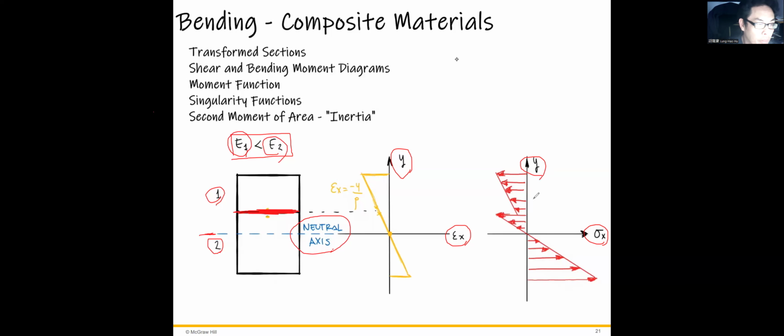The bottom part has the higher Young's modulus, which means it is supposed to have the highest stress distribution, from Hooke's law. The actual loading for the bending equals My over I.